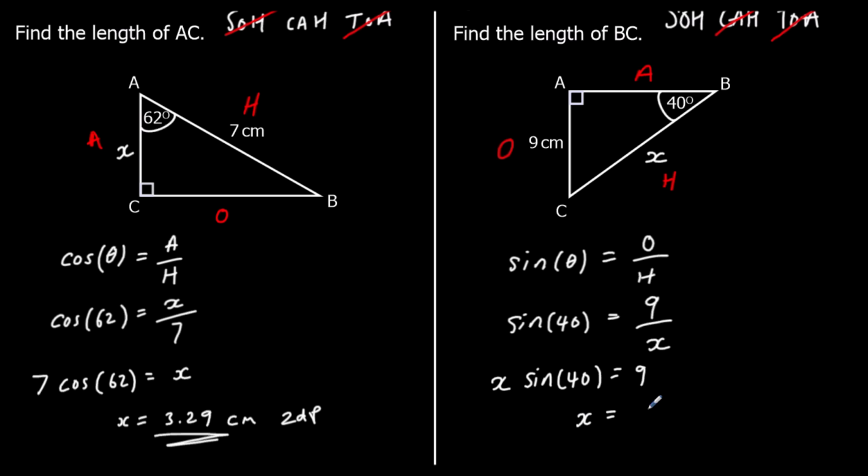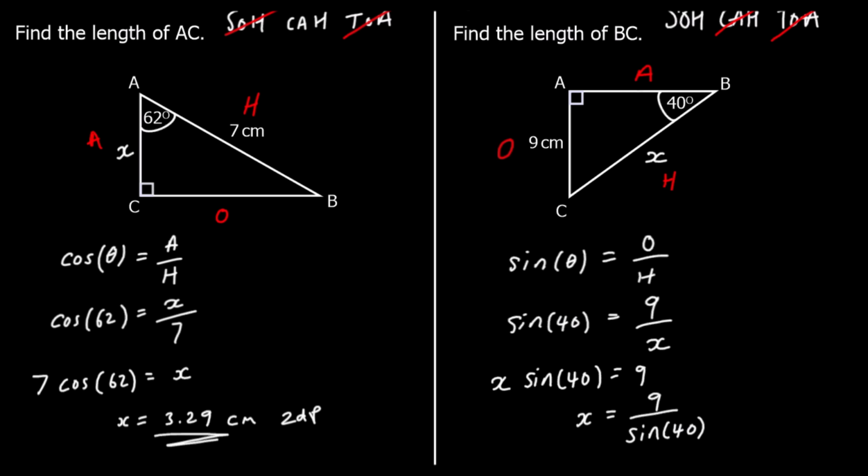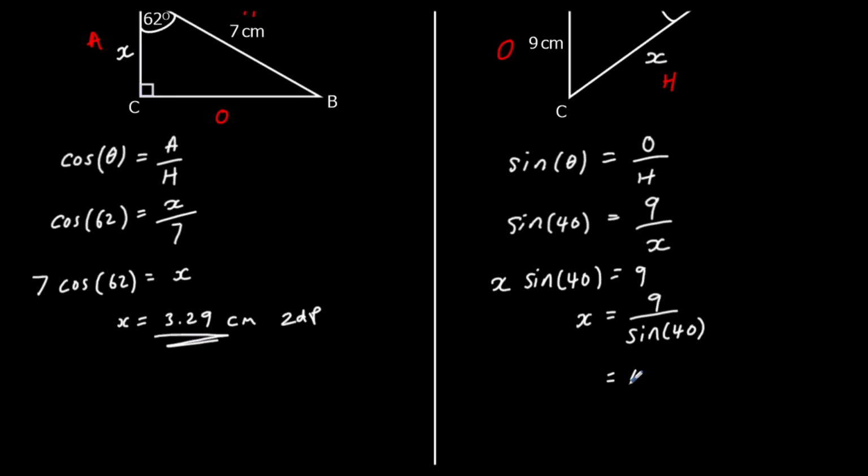So X is 9 divided by sine 40. So 9 divided by sine 40 is 14.00. So X is 14.00 centimeters to 2 decimal places.